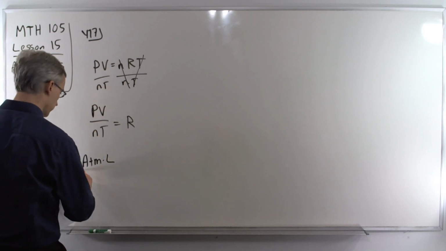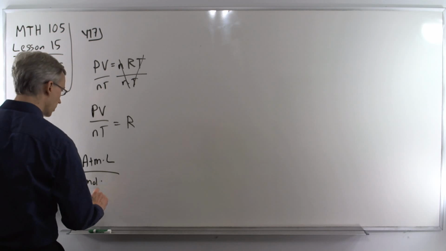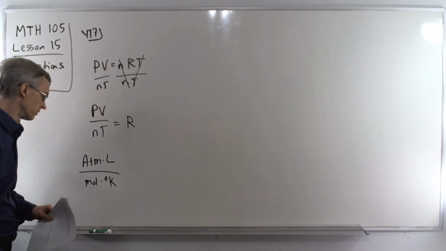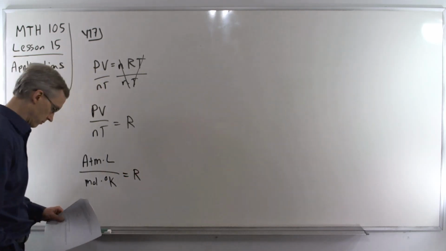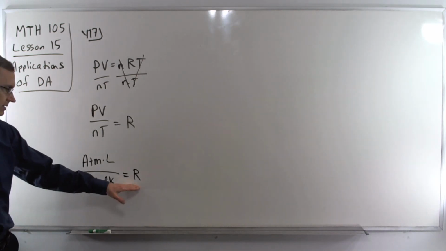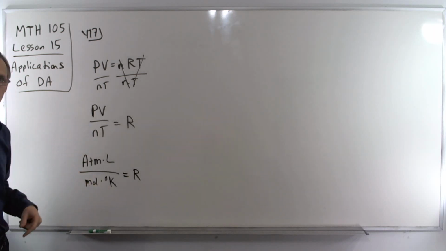Volume, liters. N is in moles. And T is degrees Kelvin. So that makes the units for the ideal gas constant atmosphere times liters over moles times degrees Kelvin.